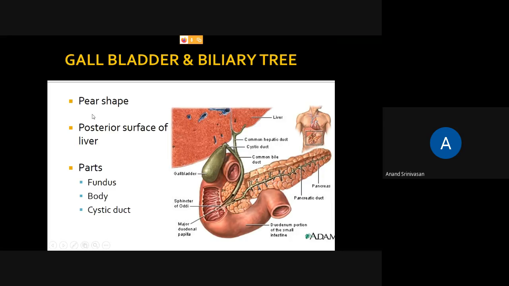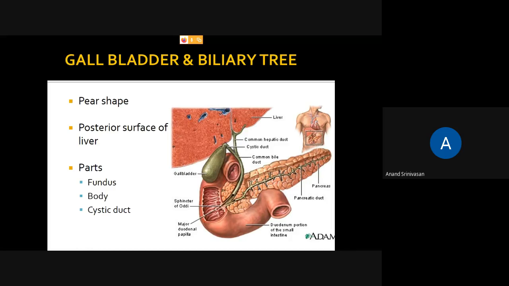So the gallbladder is pear-shaped, located on the posterior surface of the liver, with a fundus, body, and a small duct called the cystic duct. Now, what is the function of the gallbladder?